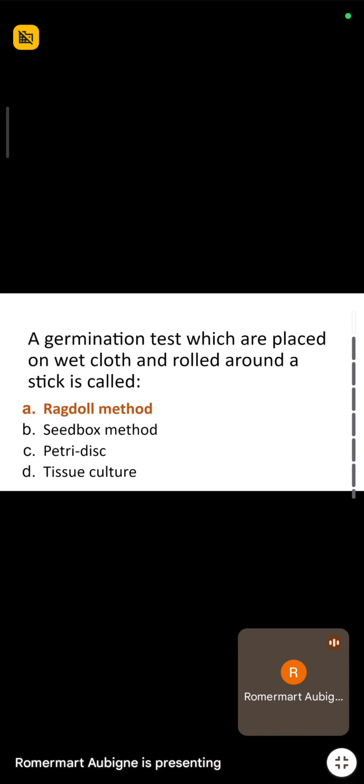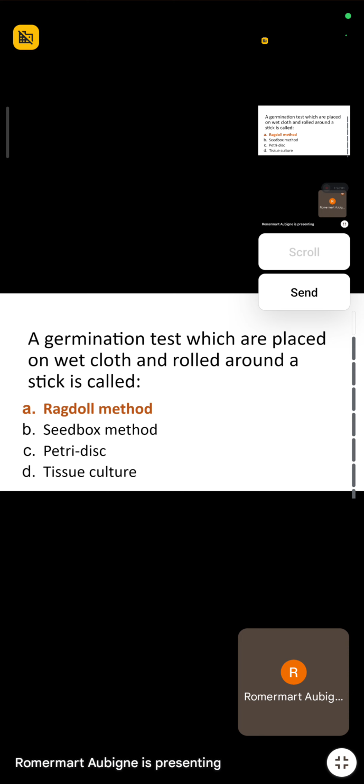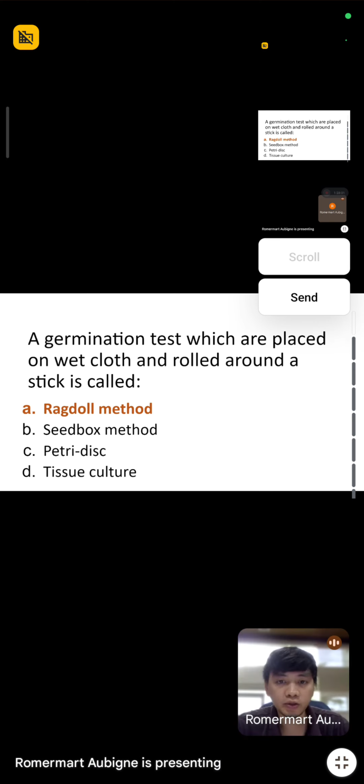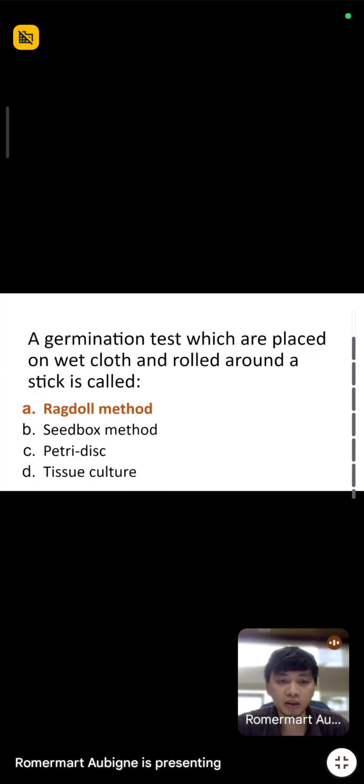So ito po yung isa sa pinakamadali na germination test na ginagawa. So sa isang wet cloth, you will put 100 seeds. So may proper distancing po yan na gagawin. And i-roll.